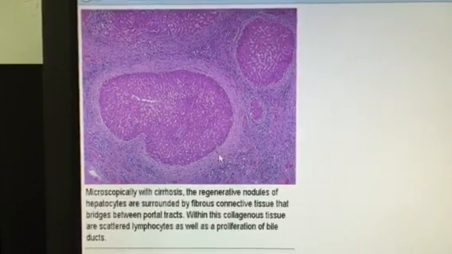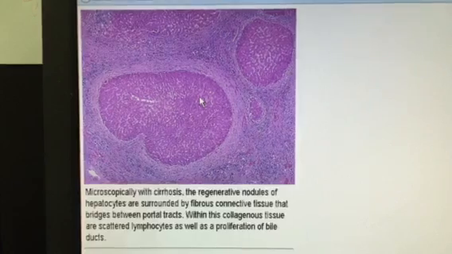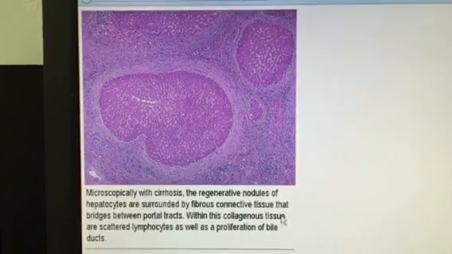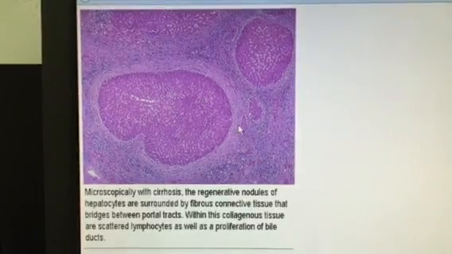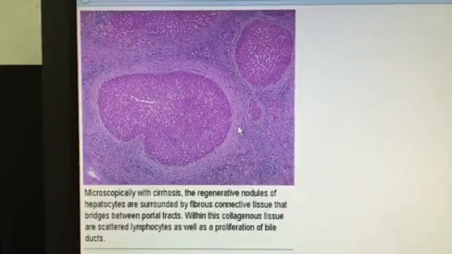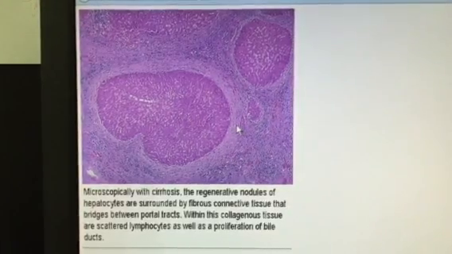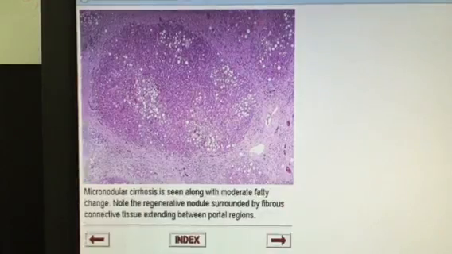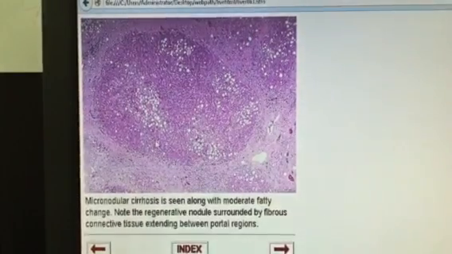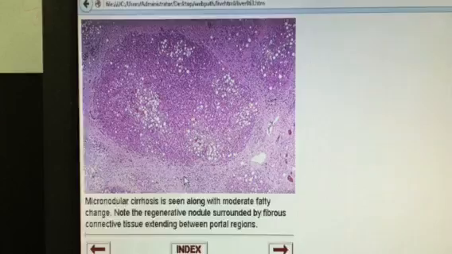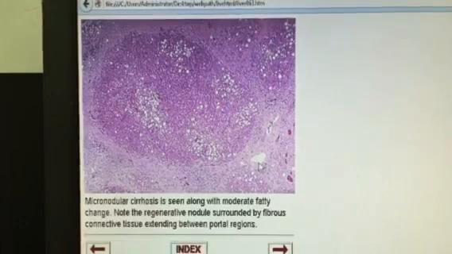This appearance is called regenerative nodules. This is because the liver is trying to adapt or trying to make over the hepatocytes that were injured. This is again a regenerative nodule surrounded by connective tissue, and there are scattered inflammatory cells seen.